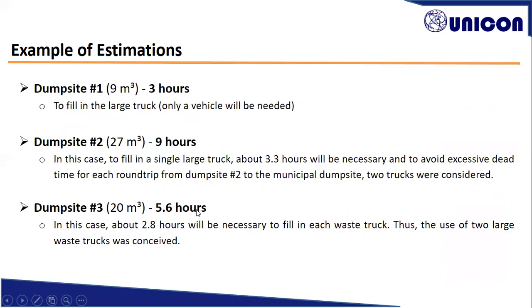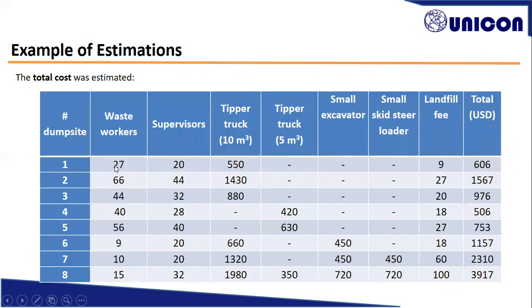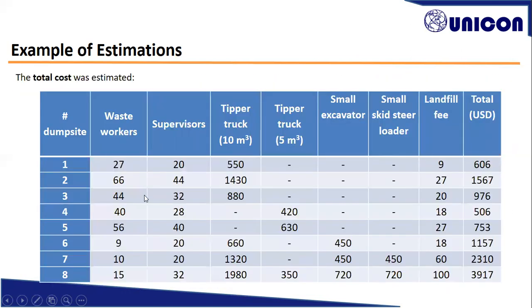As a consequence, you can obtain this value by multiplying the total working hours by the cost of each worker or mechanical means. In this way, you can find in the last column the required costs for the waste removal in each dump site.